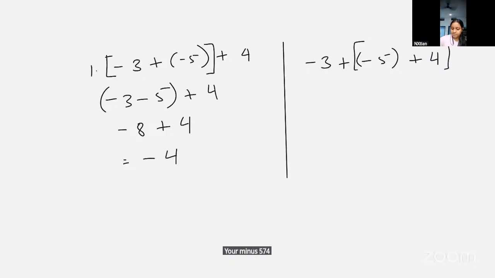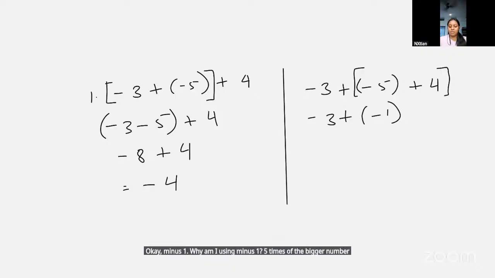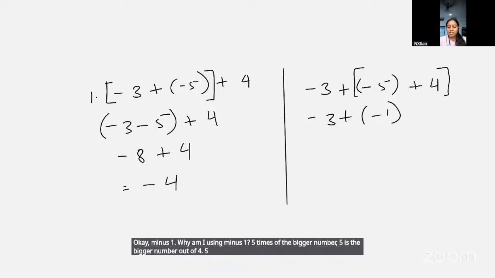So minus 3 I will leave separately and I will do minus 5 plus 4 now. Minus plus is minus. So how much will I get? Minus 1. Why am I getting minus 1? 5 is the bigger number out of 5 and 4. 5 minus 4 is 1, and 5 has the minus sign, so minus 1, plus as it is.